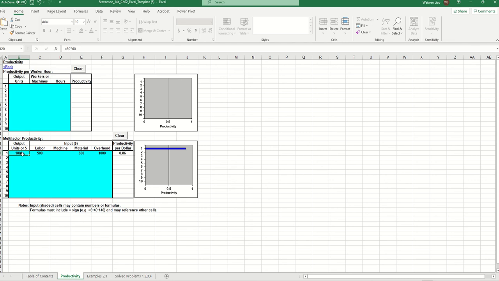I would like to remind you that if you have the information of your dollar value of the output, you need to always use that information. For example, the output here is 60 units. If you only enter 60 units, your computation will not be wrong. However, your productivity result will be a very small number.